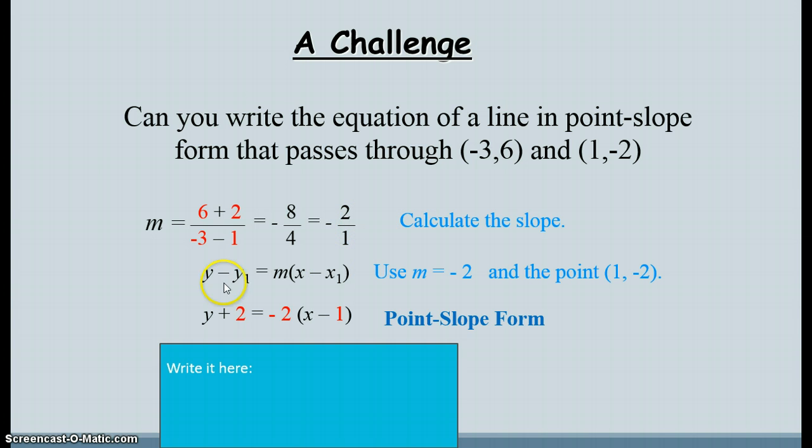All right. And then we replace them into the point slope form. How do we get the slope intercept form? That's what you are going to do right here.